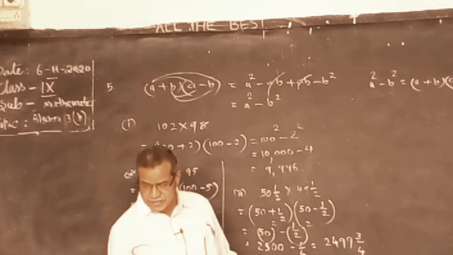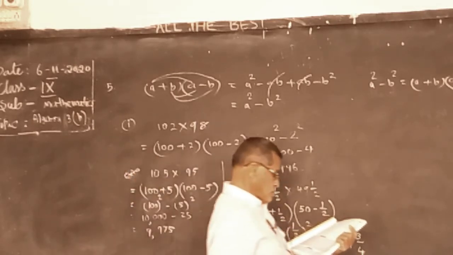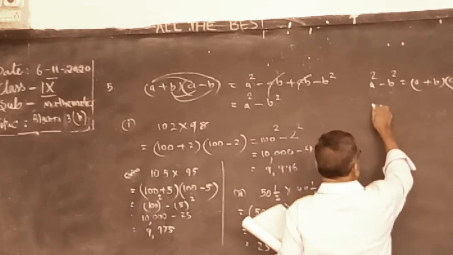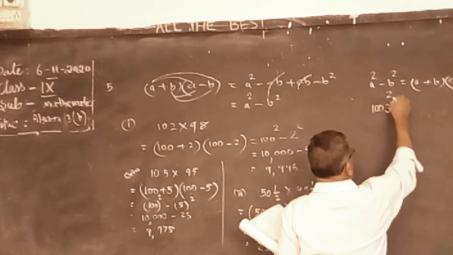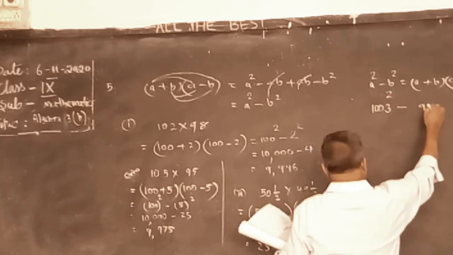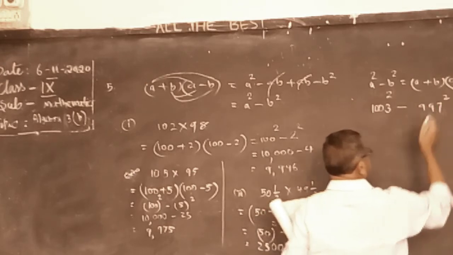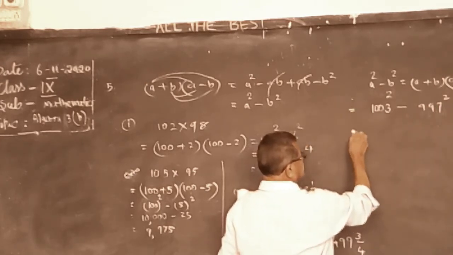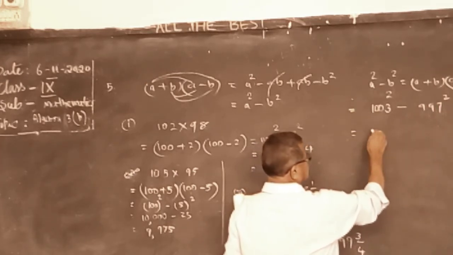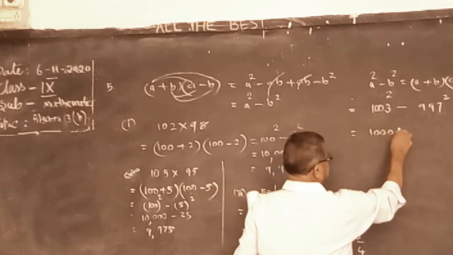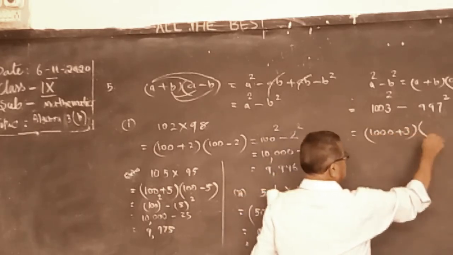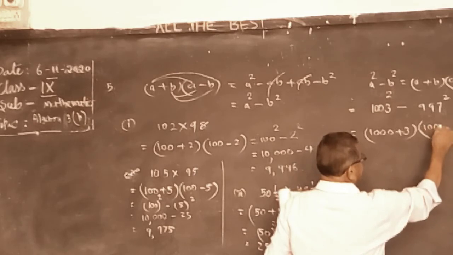Now what is given here? 1003 squared minus 997 squared. It is in the form of a squared minus b squared, which is a plus b into a minus b.